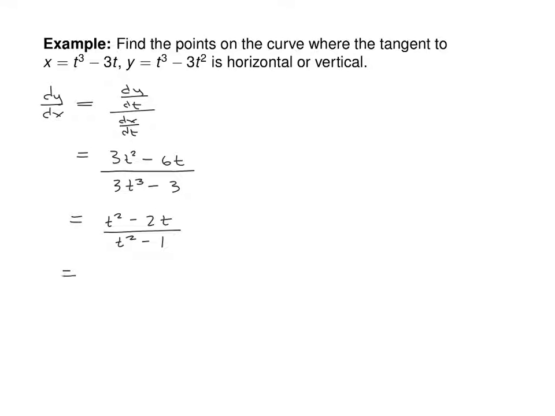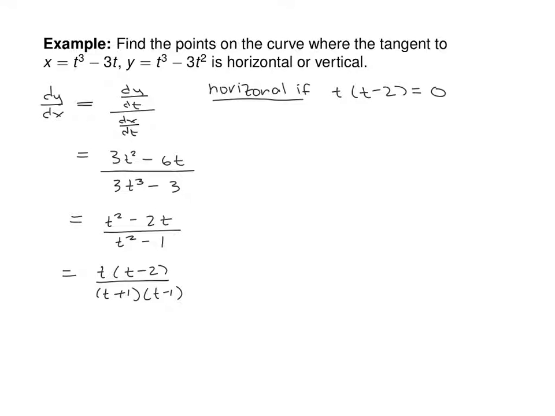And factoring, we find that this is t times (t minus 2) over (t plus 1) times (t minus 1). So the tangent will be horizontal whenever this derivative is 0. So it's horizontal if t times (t minus 2) is equal to 0, and that will happen when t is equal to 0 and 2.